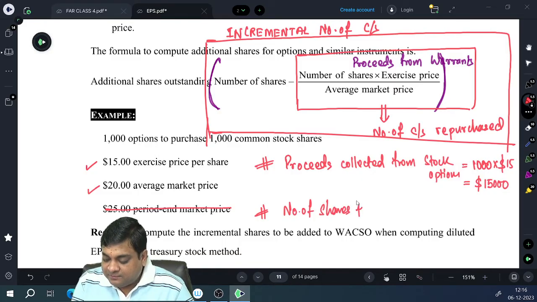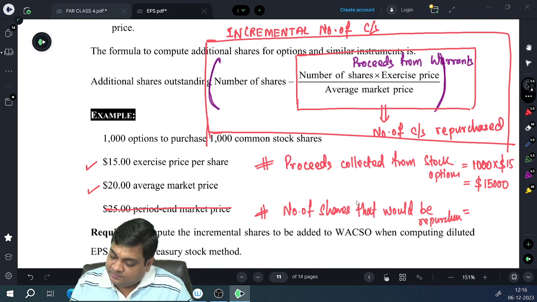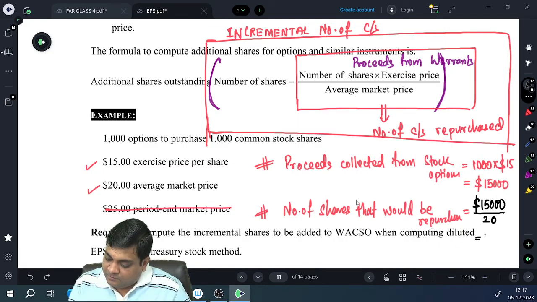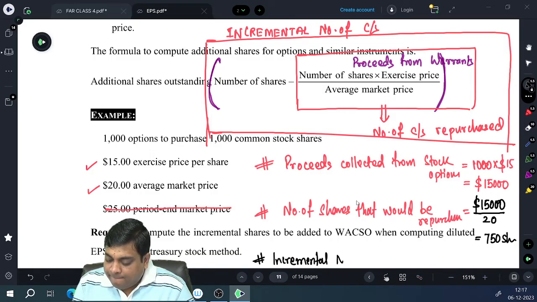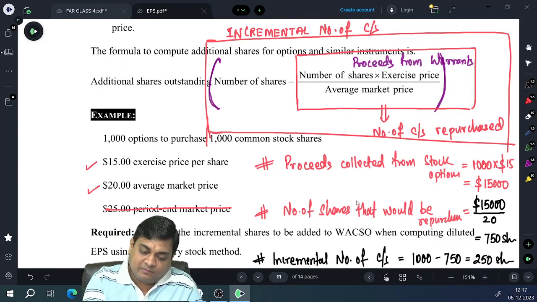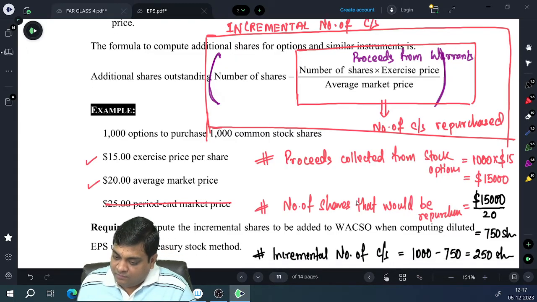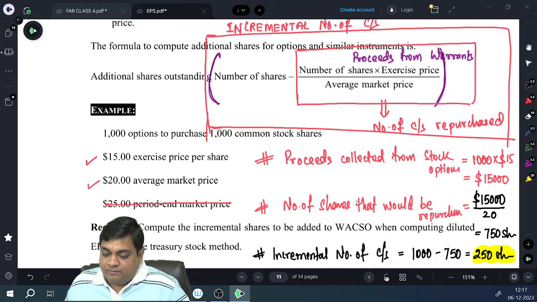Number of shares that would be repurchased. So this is 750.